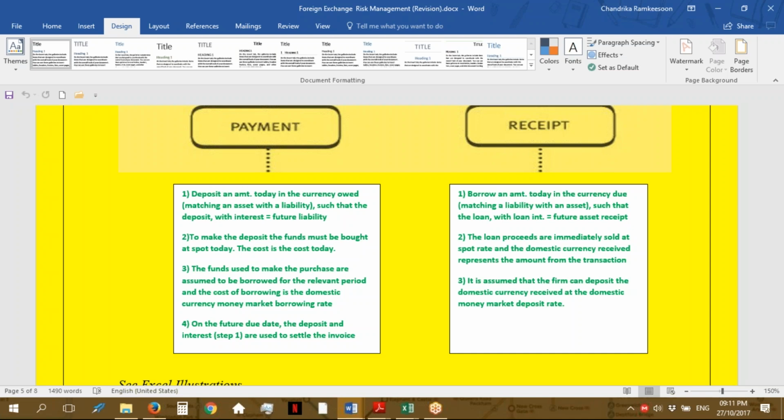Assume you've lent some money to a friend, say $10,000, and the agreement is that he would pay you back in 3 months' time. Follow this example closely because it's exactly how a money market hedge works, the essence of it, from the viewpoint of a receipt.